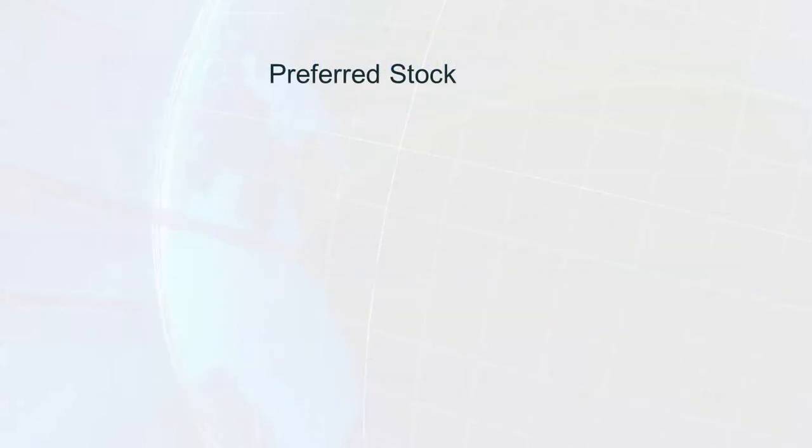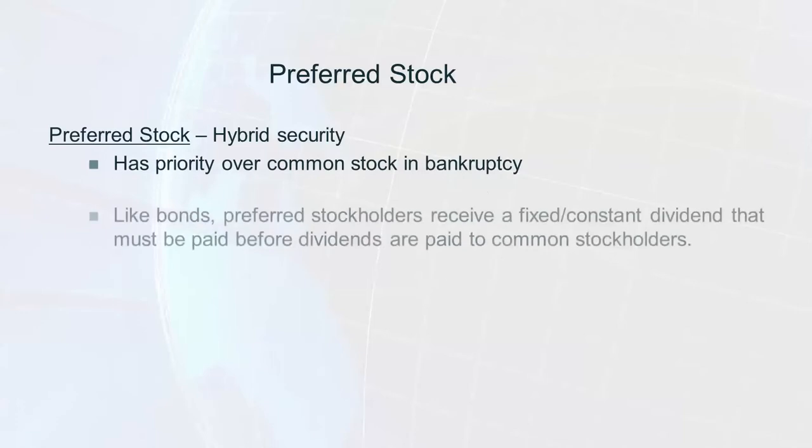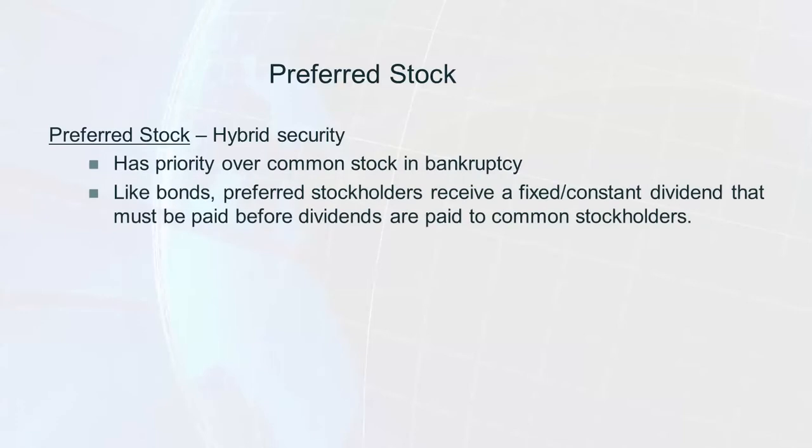Preferred stock. Basically, preferred stock is a hybrid security. It has priority over common stock in case of bankruptcy, in claim, and it has characteristics similar to bonds and common stock. Like bonds, preferred stockholders receive fixed, constant dividend payments and must be paid before dividends are paid to the common stockholders.